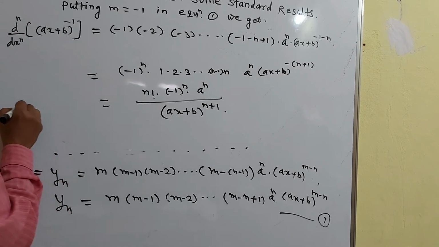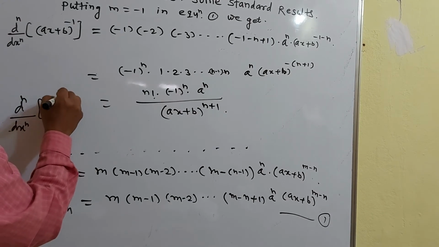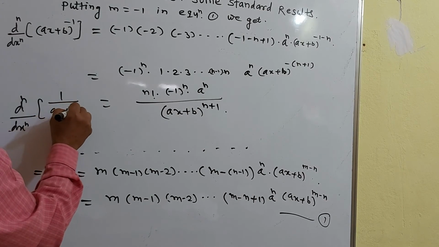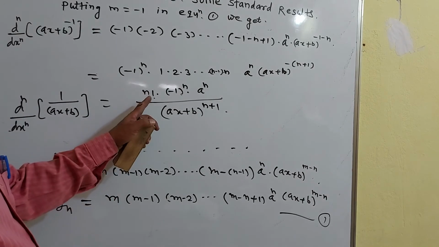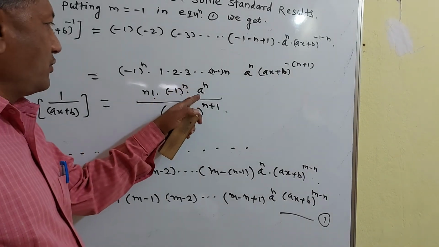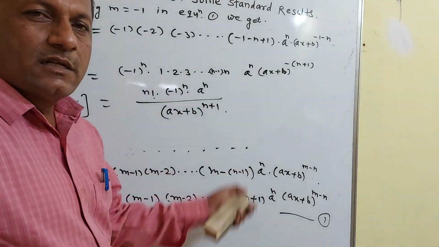Therefore, the nth derivative of 1 upon ax plus b is equal to factorial n into minus 1 raised to n into a raised to n upon ax plus b raised to n plus 1.